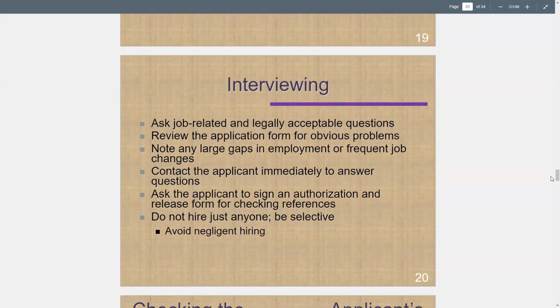Inevitably, you're going to need to interview. I mean, that's just the reality. And you'll want to think carefully about, what do I need to know about this person before I decide whether he or she is the right fit? This is a highly regulated area. There are lots of questions that are unlawful to ask. And sometimes it may not be obvious that those questions are unlawful, and it may not be obvious why they're unlawful.